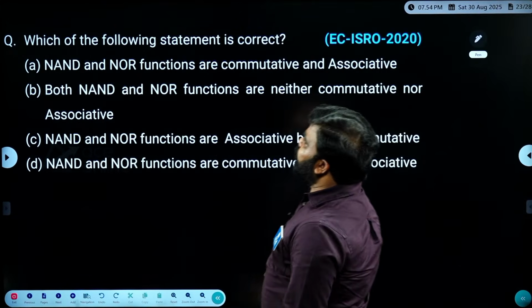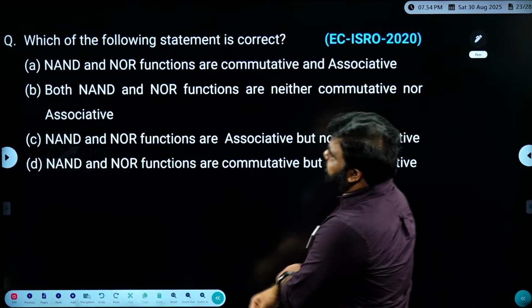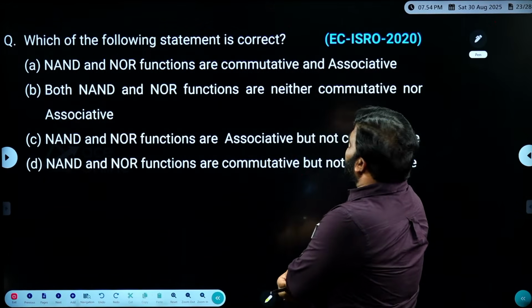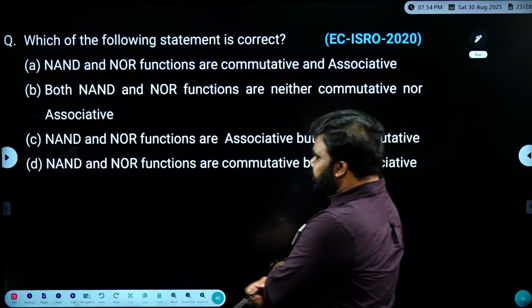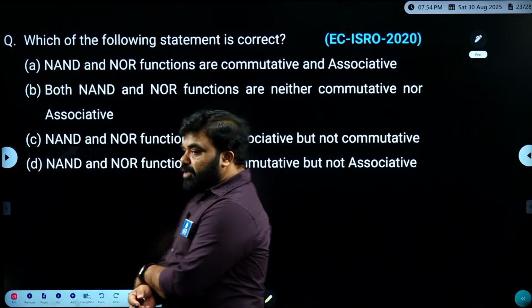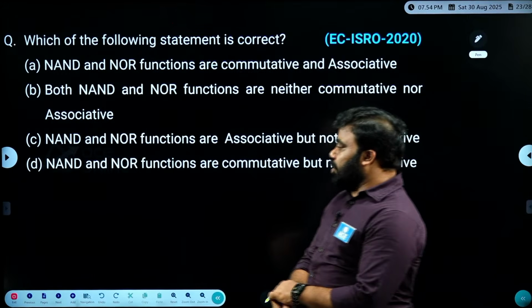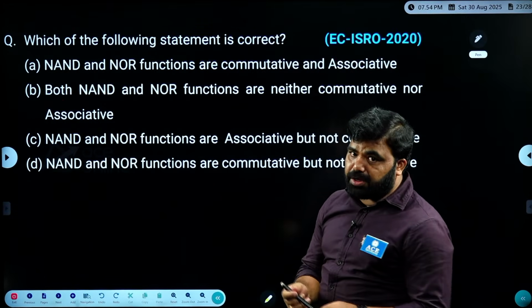Which of the following statements is correct? If you are observing, NAND and NOR are given, commutative or associative. It is a very simple question which we know already. Which are associative, which are not associative. We have already seen how to implement higher order using lower order.